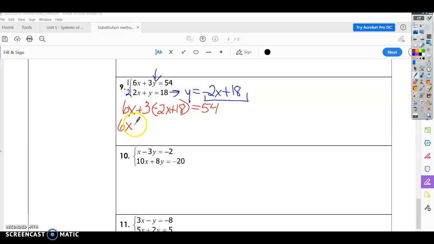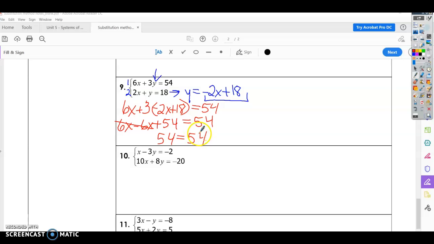So 3 times negative 2 is negative 6x, and 3 times 18 is 54. So I have 6x minus 6x, those cancel, and I have 54 equals 54.